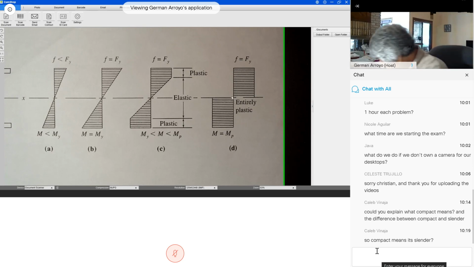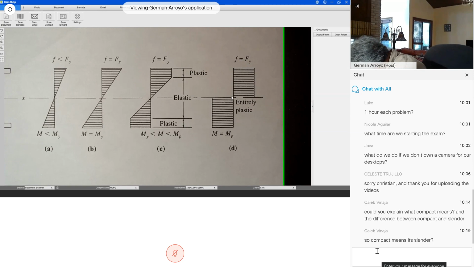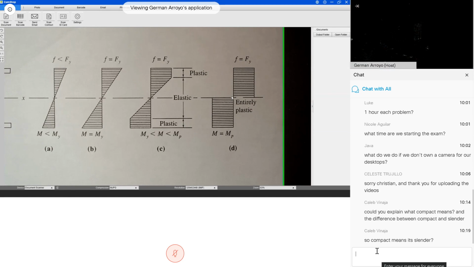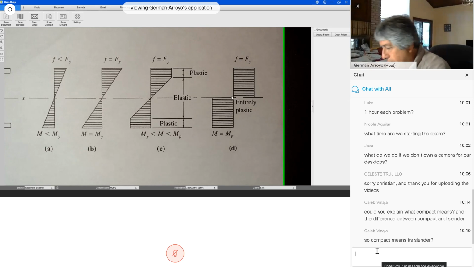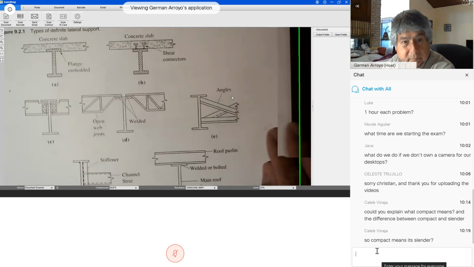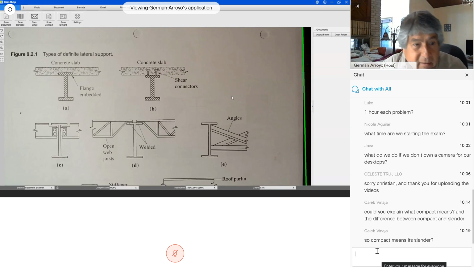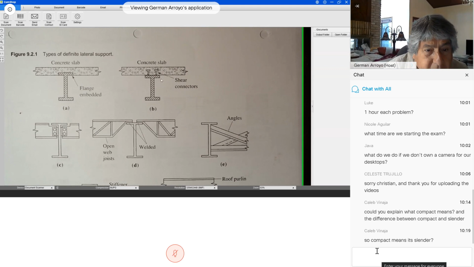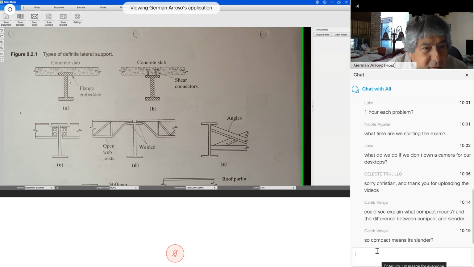So if this section is fully encased in concrete, or has shear connectors, there's no way that this flange is gonna move. So this flange is not going to move.